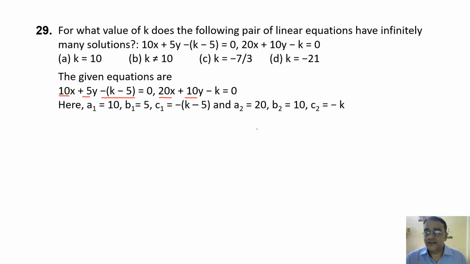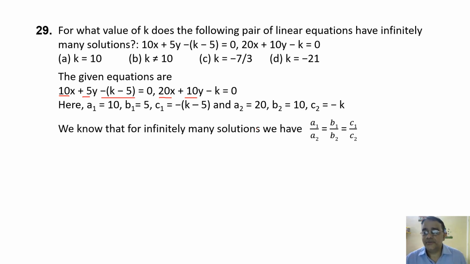And infinitely many solutions. What is the condition? a1 upon a2 is equals to b1 upon b2 is equals to c1 upon c2. Very good. So what is a1 upon a2? 10 upon 20, and b1 upon b2, 5 by 10, and c1 upon c2, minus of k minus 5 upon minus k, right?